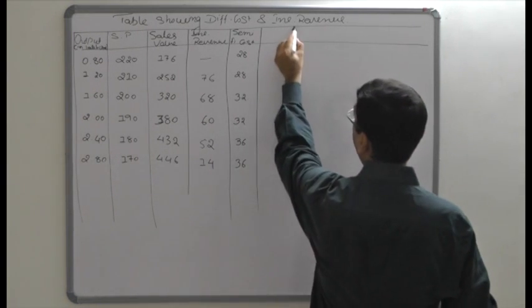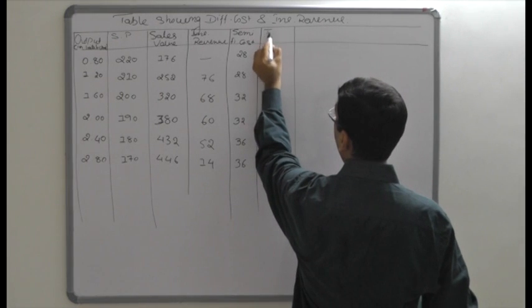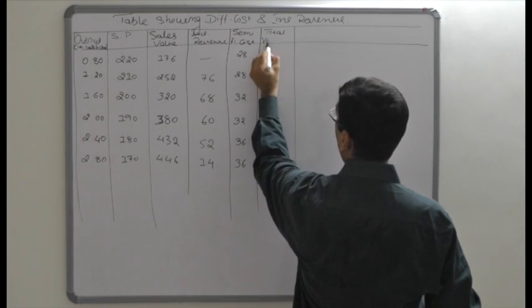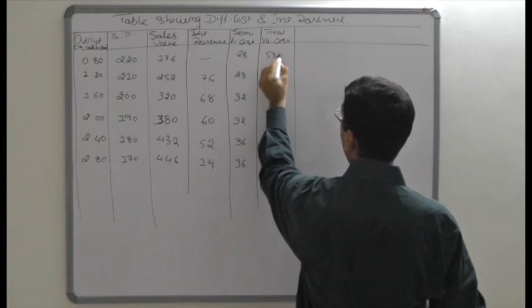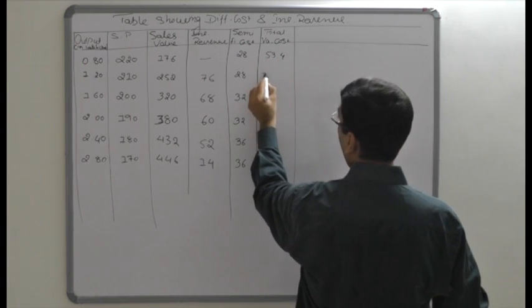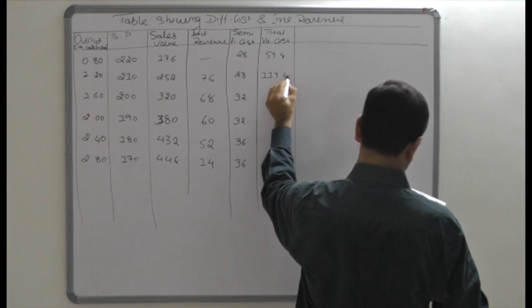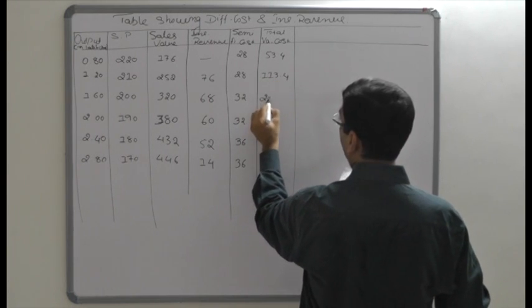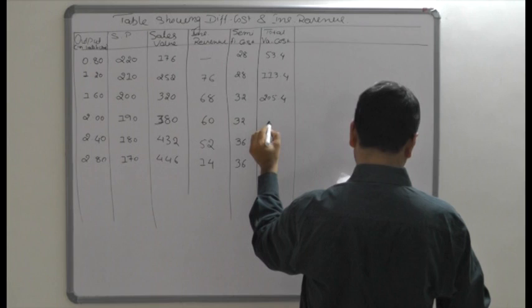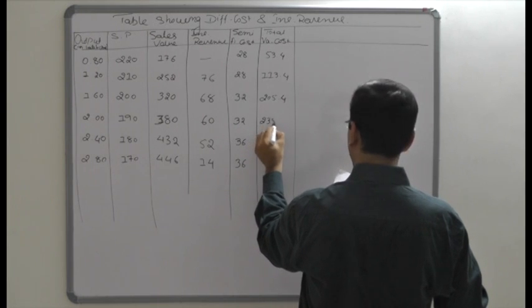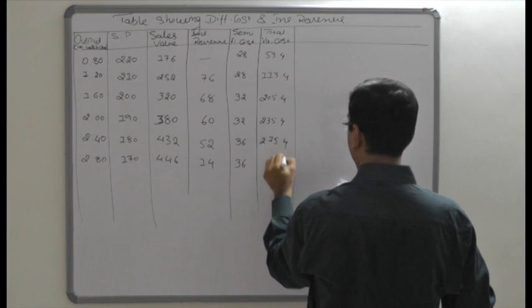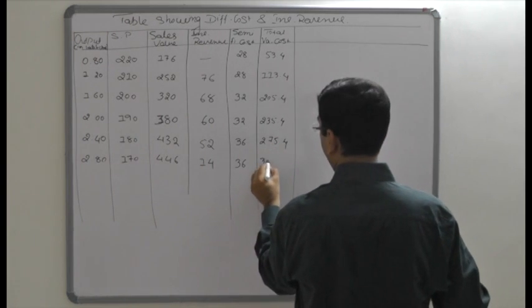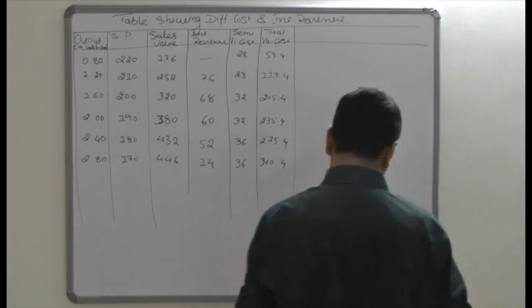Then we have total variable cost: 53.4 for the first output, 113.4 for the second, 205.4 for the third, 235.4 for the fourth, 275.4 for the next, and 300.4 for the last output.